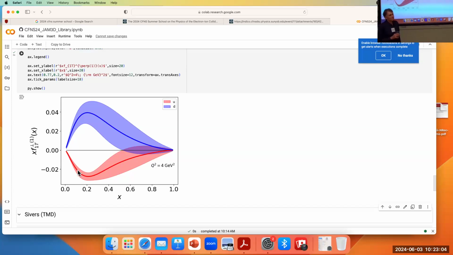Yeah, one has to be careful to do this limit, and one can do it systematically.